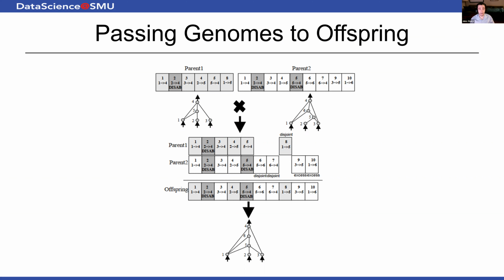Sharing these disjoint and excess genes results in an offspring network that contains all node connections present in each parent network, which is not fully connected and which will behave in a radically different manner. Additionally, it receives chromosomes that were previously disabled from structural mutation.